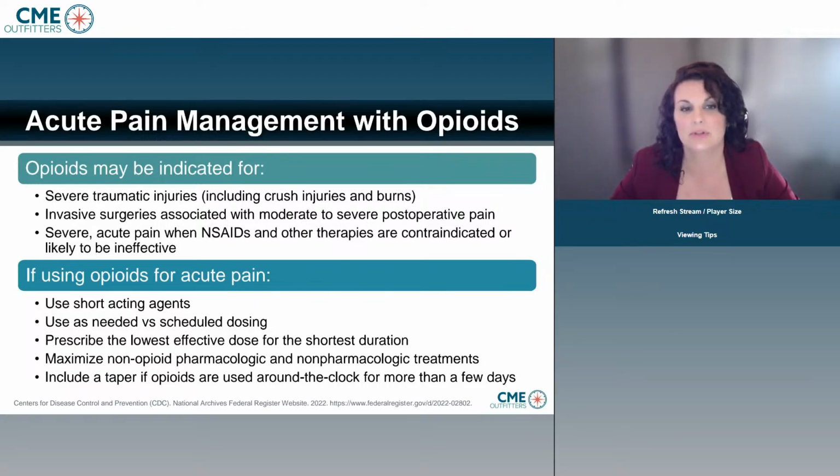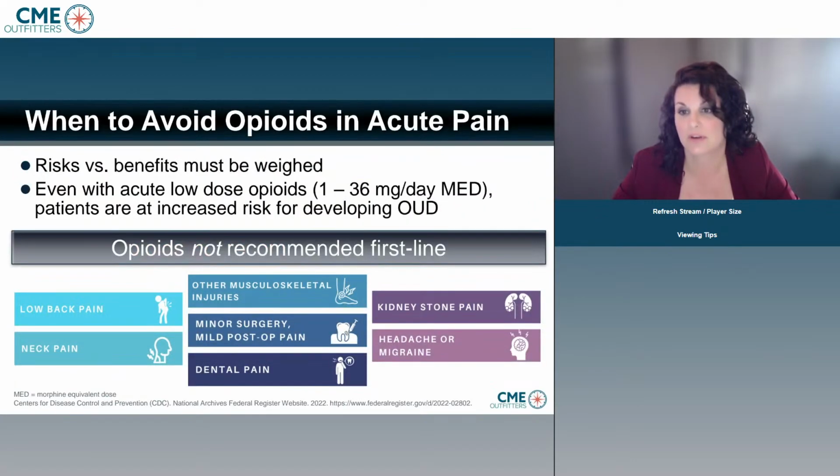And similar to the 2016 guidelines, we want to make sure we're using short-acting agents as needed, at the lowest effective dose for the shortest duration, and as I mentioned before, optimizing others. One of the newer emphases in the new guidelines is looking to taper opioids, even if a patient has been on them for a shorter amount of time, for more than a few days.